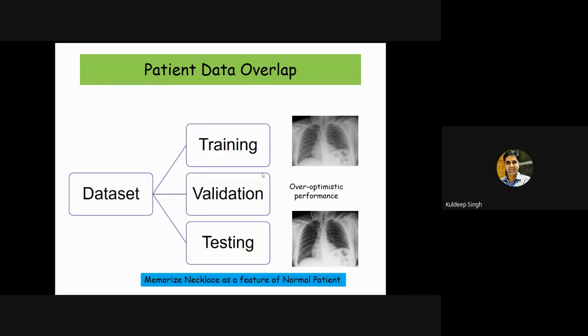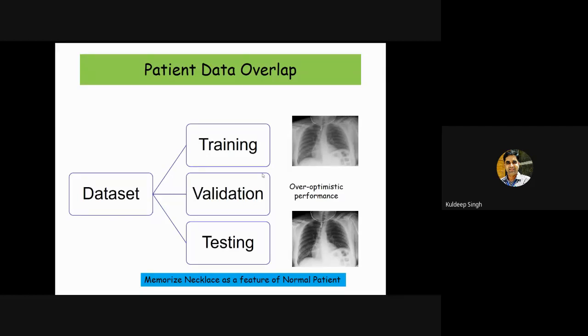Suppose a patient has taken a chest X-ray at different times, one in January and one in July, and the X-ray taken in January is part of the training dataset, and the chest X-ray taken in July is part of the testing dataset. In that case, the model will show over-optimistic performance.